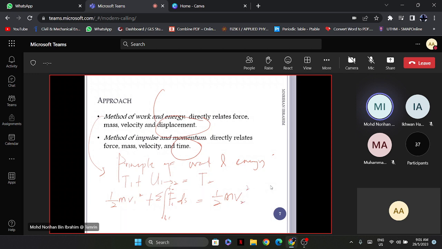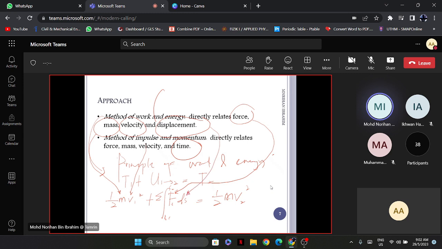So the method for work and energy relates force, mass, velocity, mass, and velocity, which means v1 and v2, and displacement, which is ds.